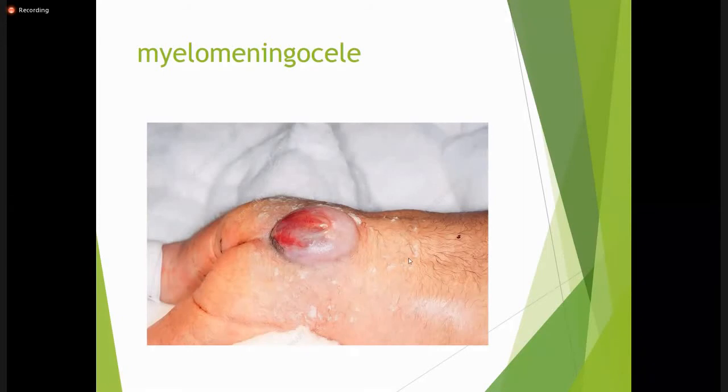The level of the defect will give you clues about the associated developmental issues. Anywhere it is found, it should be corrected as early as possible within the newborn period, because the more you delay, the more defect the child will have.